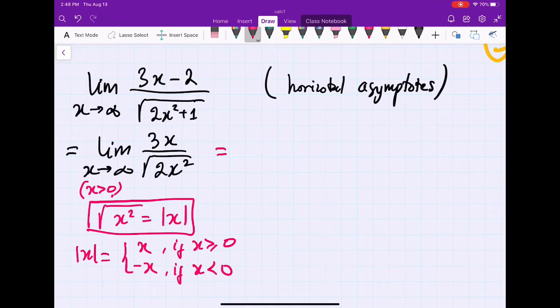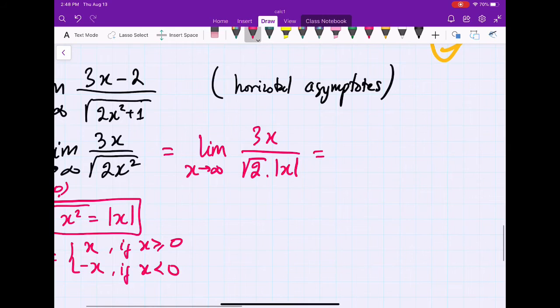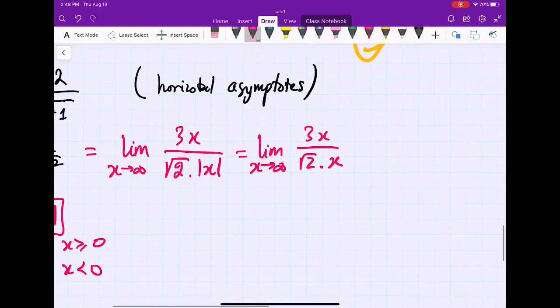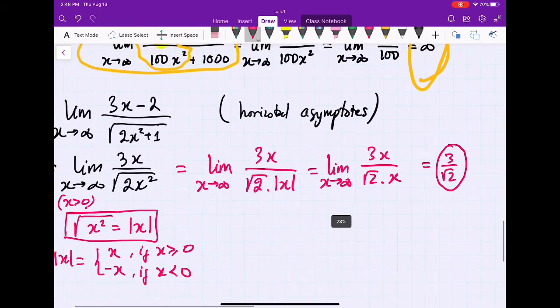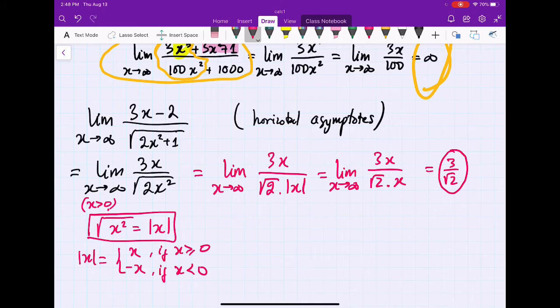So that's why in this case you have limit of 3x over square root of 2 times absolute of x, x approaches infinity. You simplify x, you get 3 over square root of 2. So the limit of this guy is 3 over square root of 2. And that means y equal to 3 over square root of 2 is a horizontal asymptote.